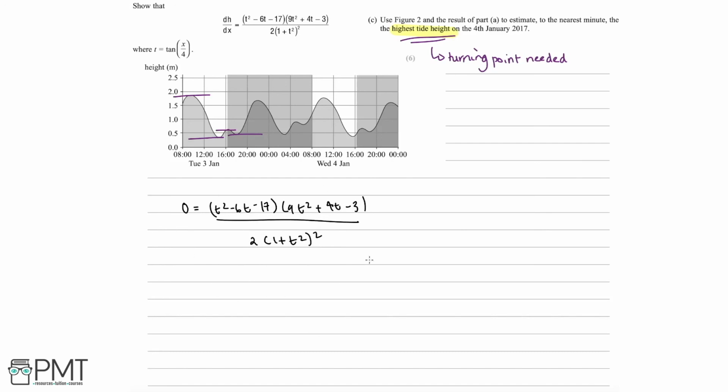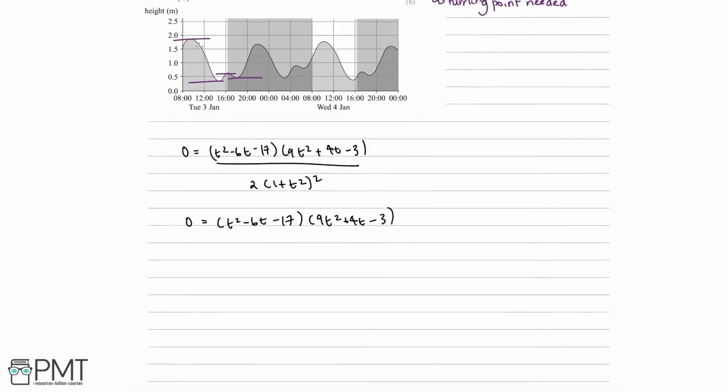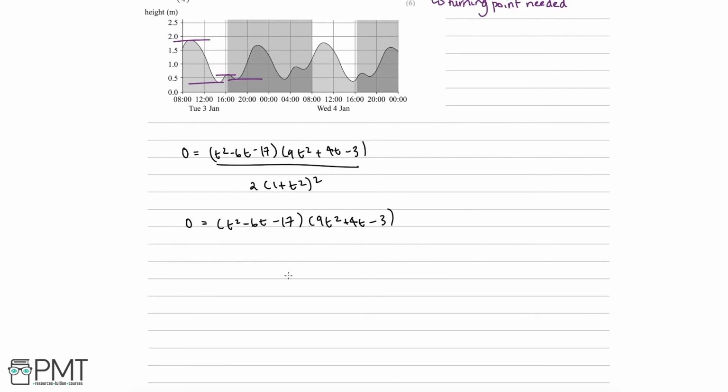If we multiply both sides by 2 multiplied by (1 plus t squared) all squared, we get 0 is equal to (t squared minus 6t minus 17) and (9t squared plus 4t minus 3). Now, because these are the solutions in which our graph will have a tangent, we're going to have 4 distinct solutions over here. So you can solve these using whatever you use in order to solve quadratic equations.